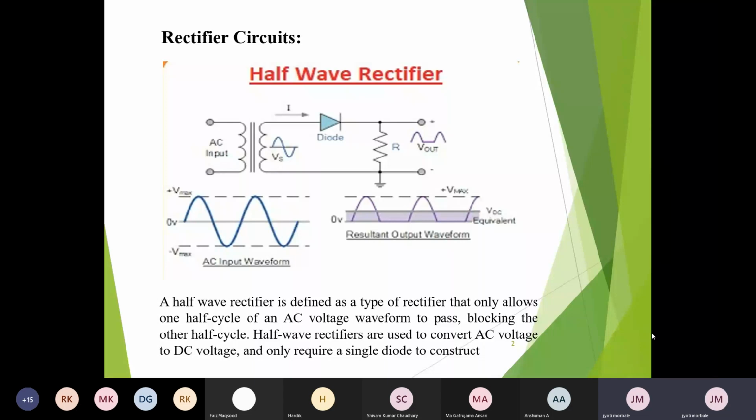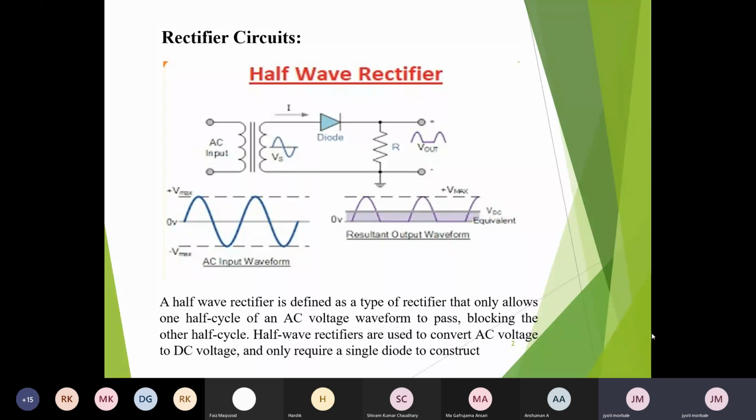So whatever output signal we get at the rectifier is called pulsating DC. This term we have already discussed. So pulsating DC means what? It is not a DC, it is not an AC, but it is in between that. Maximum DC would be there, but AC components are also present in the output.